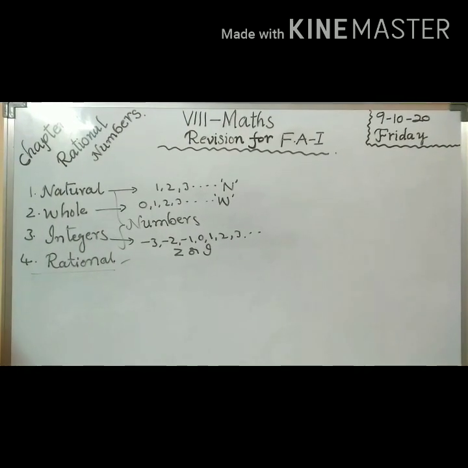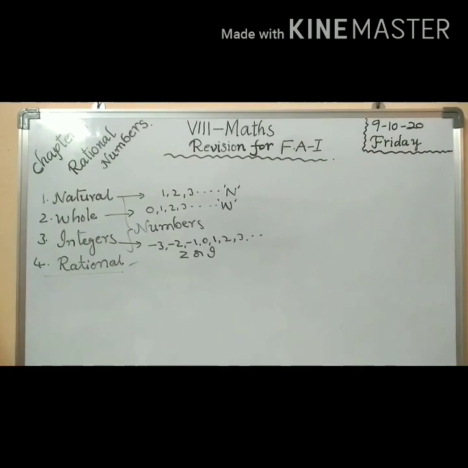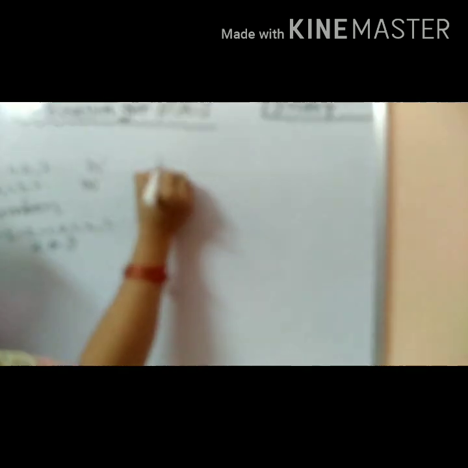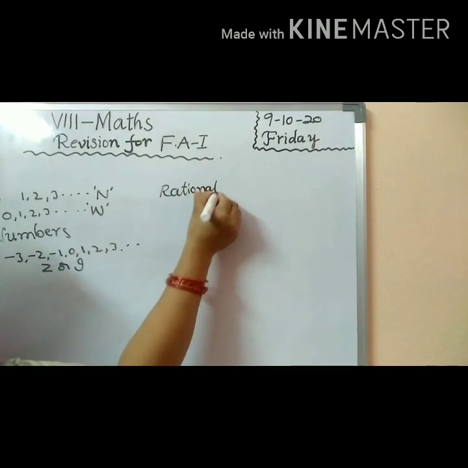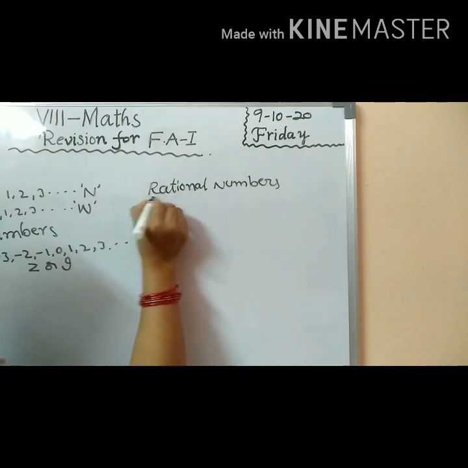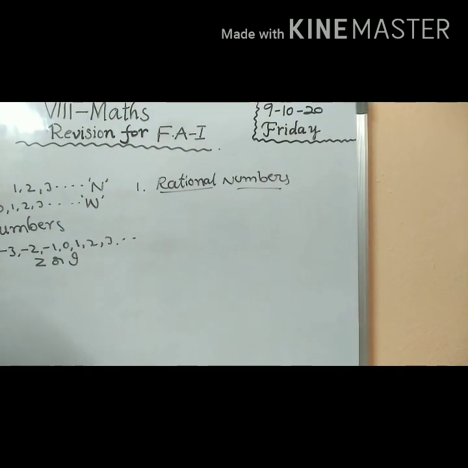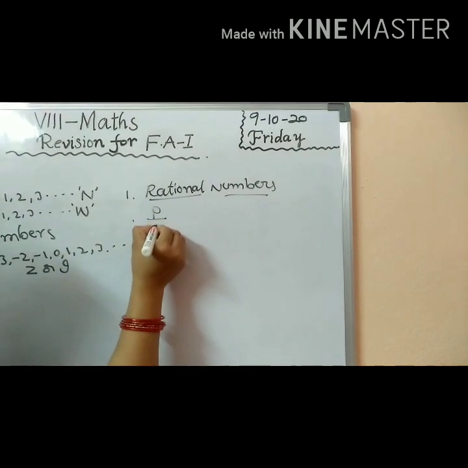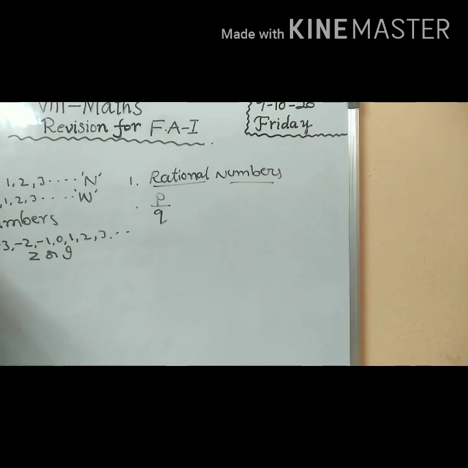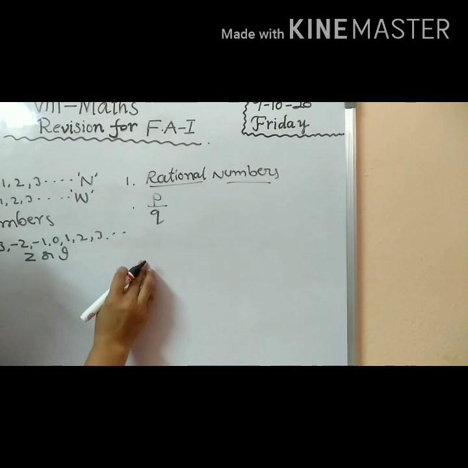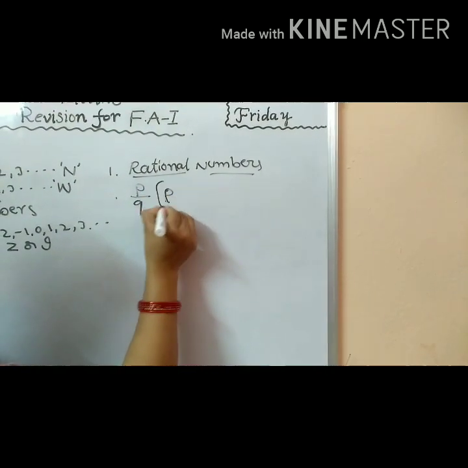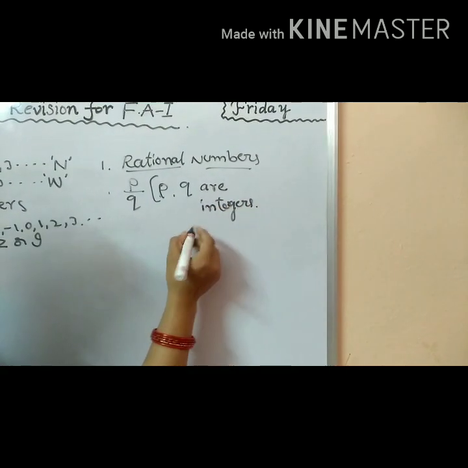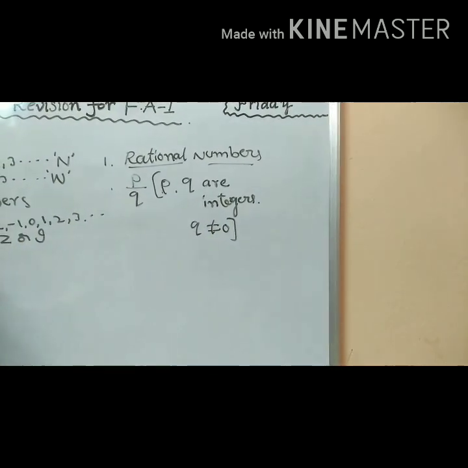What is a rational number? Any number that can be expressed in the form of P by Q, where P and Q are integers and Q is not equal to 0, is a rational number.